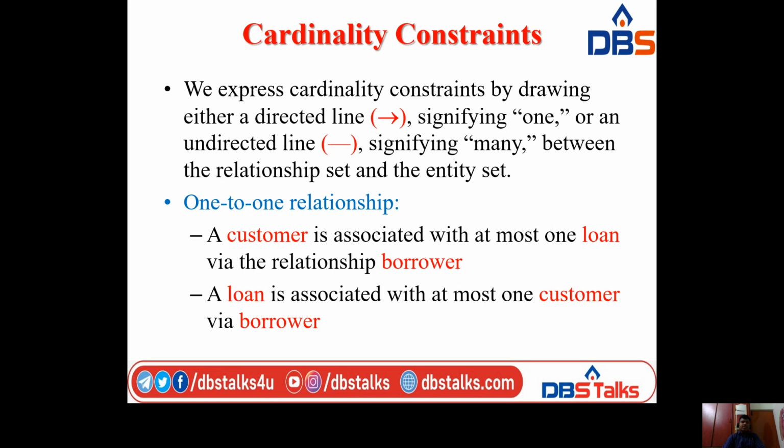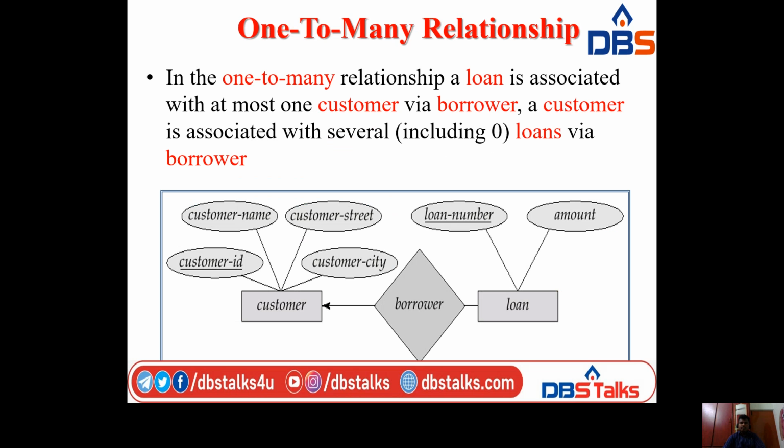Already we discussed the four different types of cardinality constraints. The first one is one-to-one relationship. A customer is associated with at most one loan via the relationship borrower. A loan is associated with at most one customer via the borrower. Here this is about the one-to-many relationship.